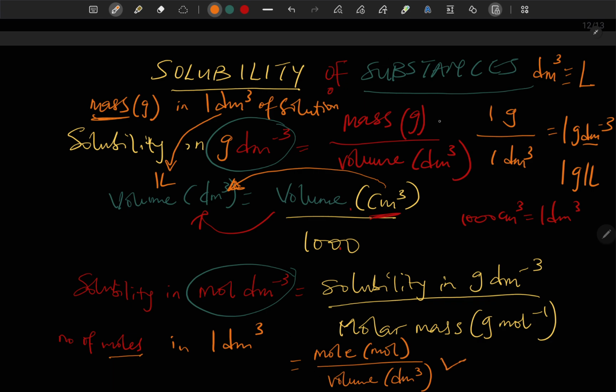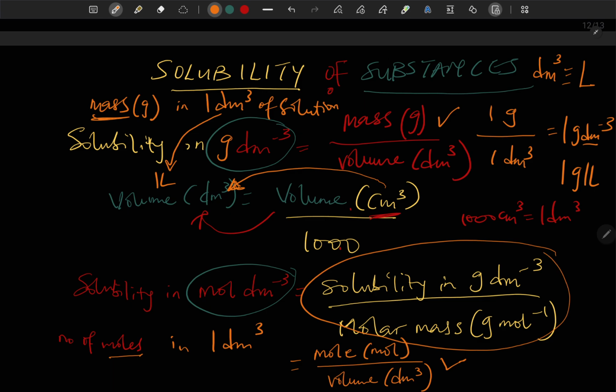You can compare this with mass of the substance divided by volume in dm cube for solubility in gram per dm cube. But for solubility in mole per dm cube, we have mole divided by volume in dm cube.